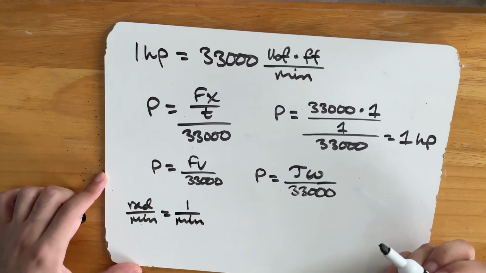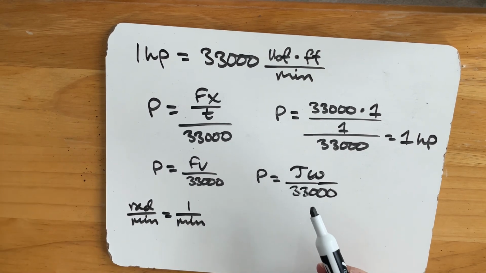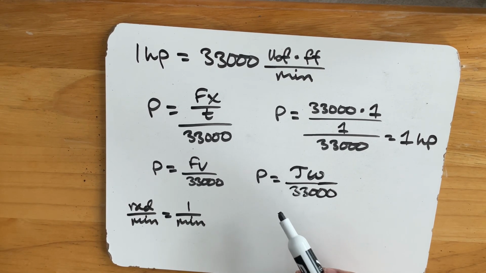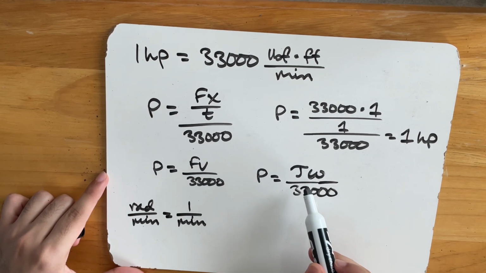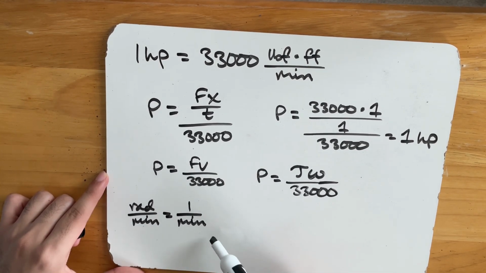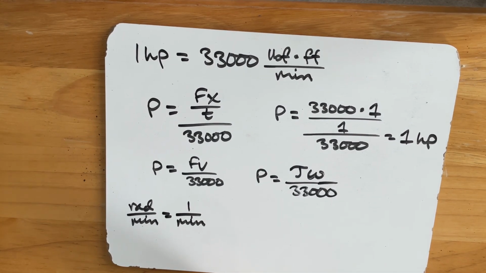So when I do the multiplication, I'm getting pounds force feet, because that's the unit of torque. People will say pound feet, doesn't matter really. So we have pound feet times radians per minute, which is really 1 over minute. Our final unit is just pound force feet per minute, which correlates with a horsepower. So that's why omega needs to be in radians per minute.